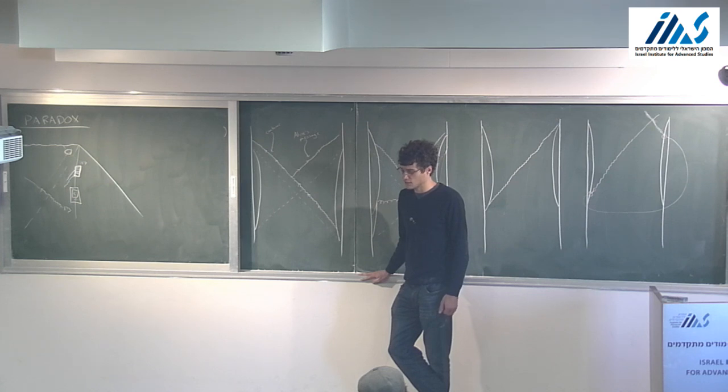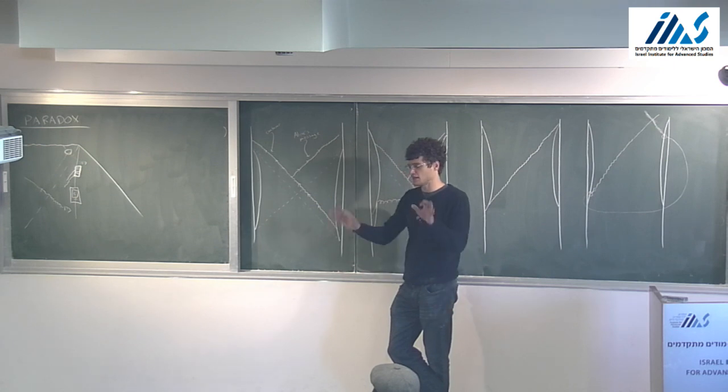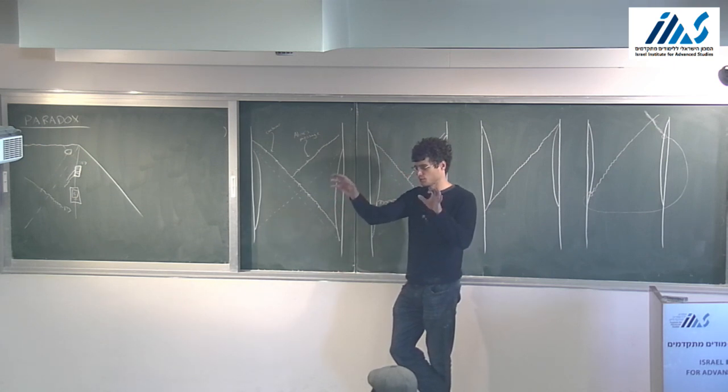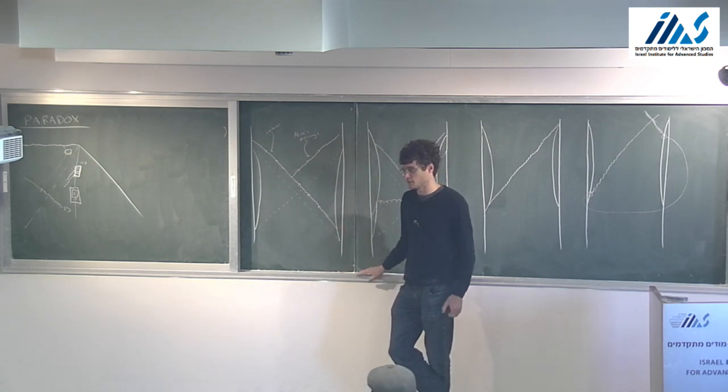In fact, there's a paper by Harlow and Hayden where they argue that it's extremely difficult to take that state and act just on the quantum computer to turn it into the thermofield double state. So there's a sense in which it would be very difficult to use this protocol to actually extract information from the black hole, but it might be the easiest way of doing it.